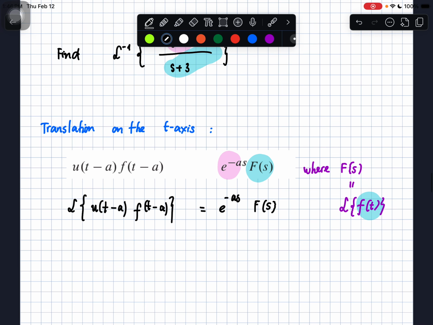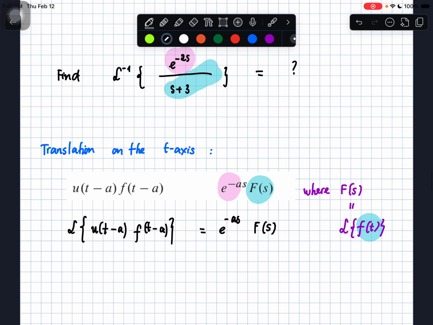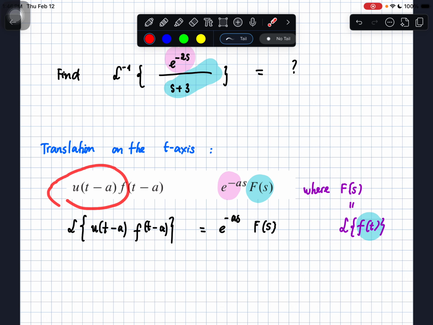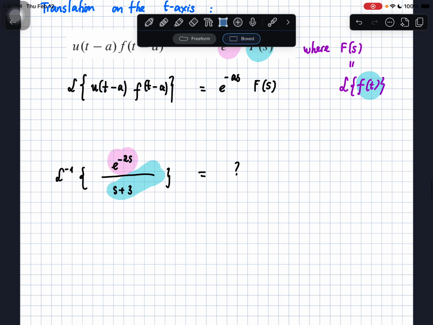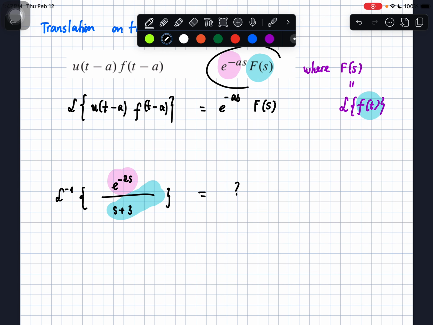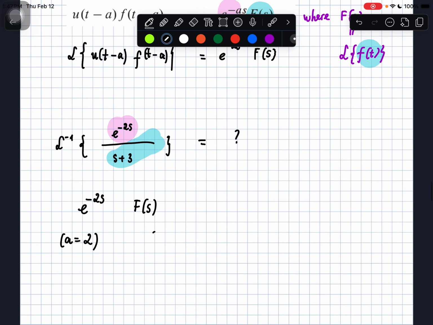To find the inverse Laplace transform of this one, we know by the theorem that we will have u(t minus a) f(t minus a). This one fits the pattern here with e to the minus 2s, so a equals 2, and big F of s equals 1 over s plus 3.